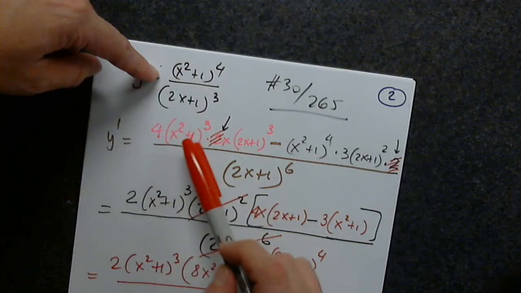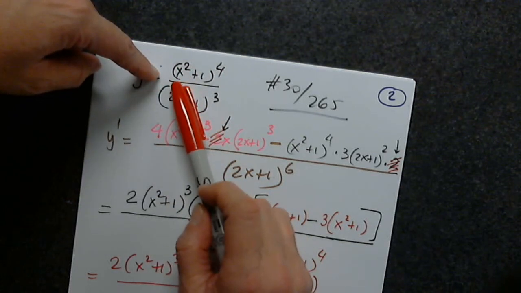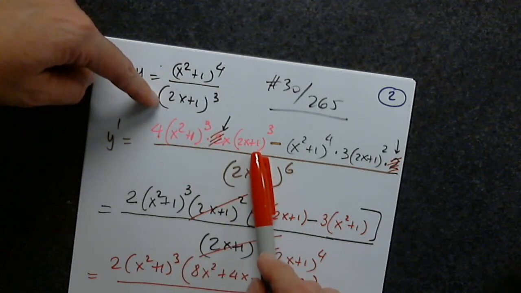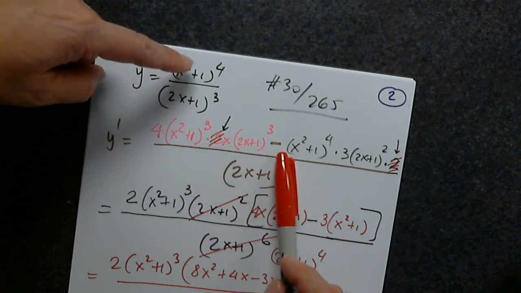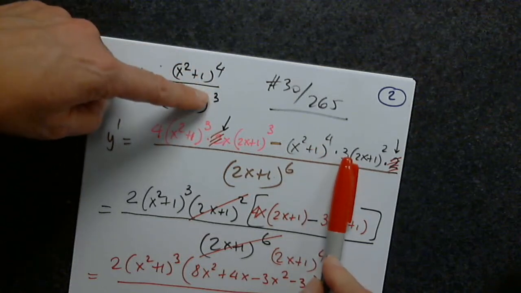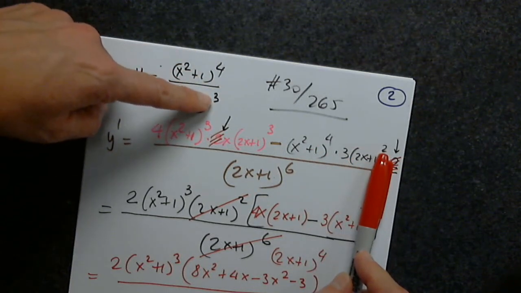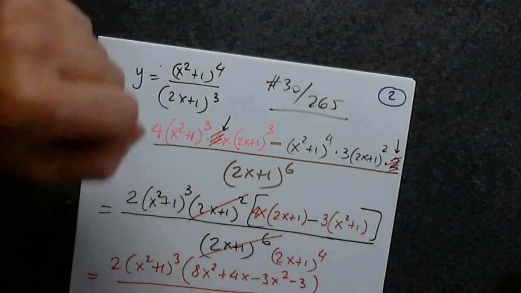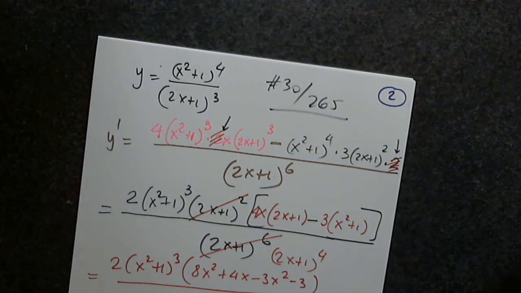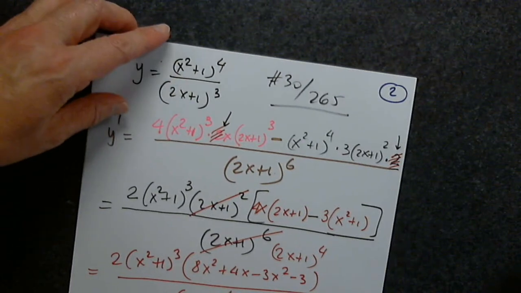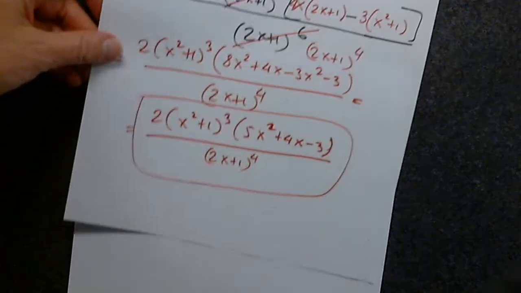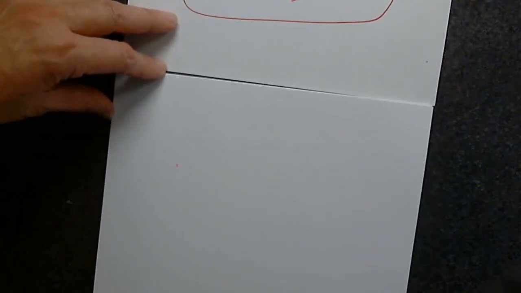So x squared plus 1 to the third times the inner function prime times the denominator minus this and 3 and 2x plus 1 to the second power times the inner function prime. Better? Yep. Good. Other questions on this? Brian, is this okay? Is that what you meant? Yes. Okay. Good. Other questions here? Anything else?